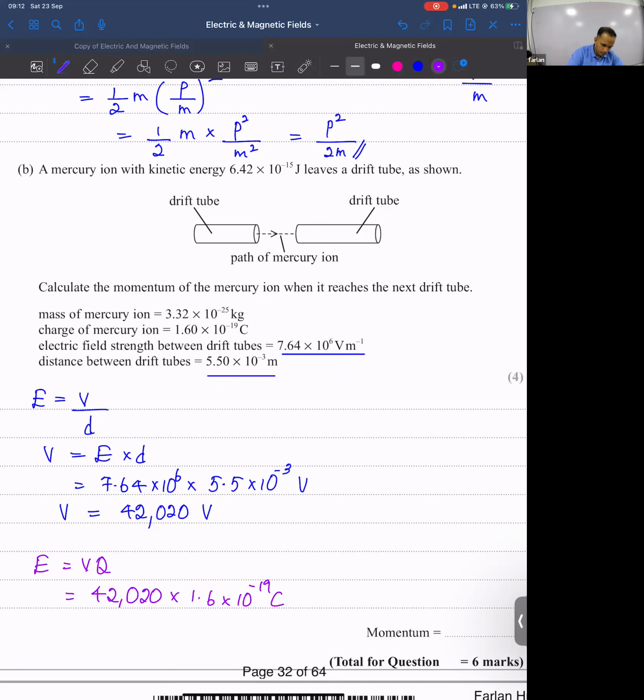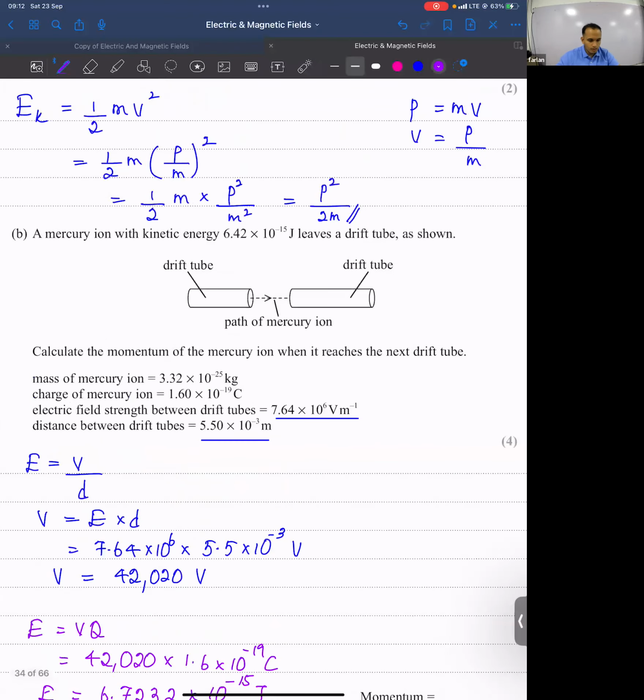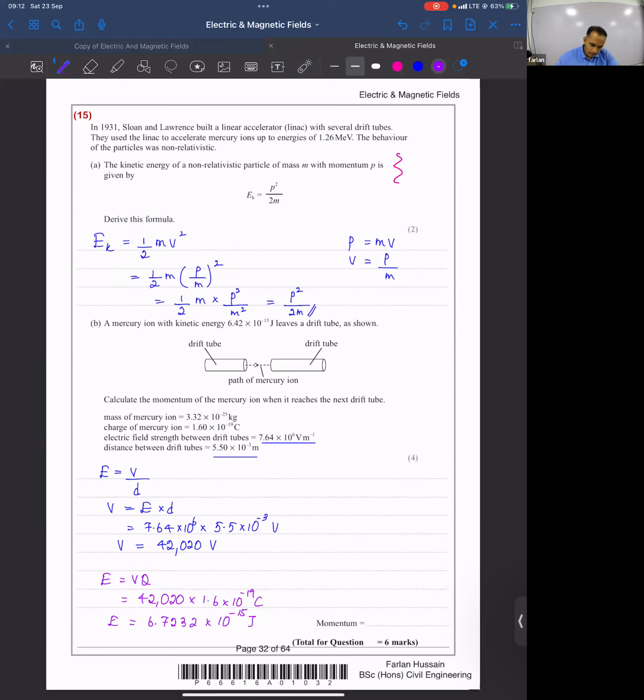That gives 6.7232 into 10 to the power minus 15 joules. This is the work done on the particle, or the additional kinetic energy the particle will be gaining. Already the particle had a kinetic energy of 6.42 into 10 to the power minus 15 joules when it is leaving the first drift tube.